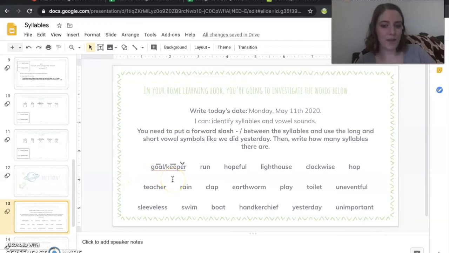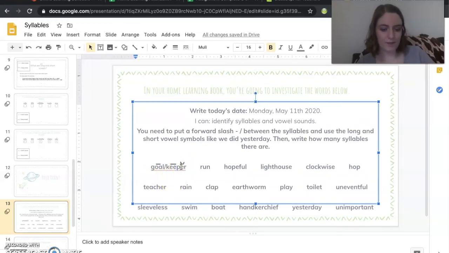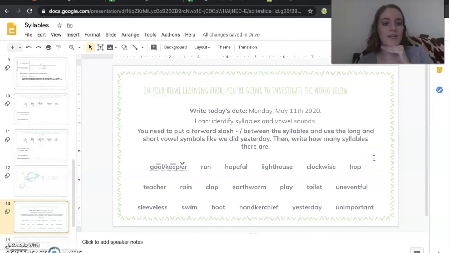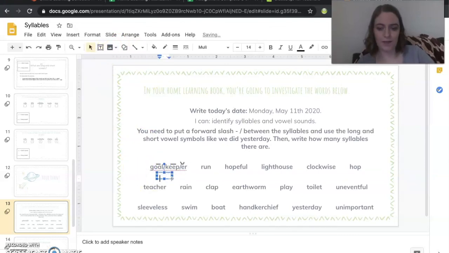So once you have done that, you are going to say the word. You're going to play your fist game and you're going to go goalkeeper. 3 syllables. There were 3 vowel sounds and 3 syllables. So I would write 3 syllables. So I'm going to write that right here so I can see.